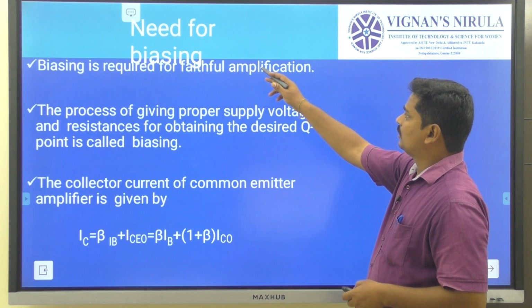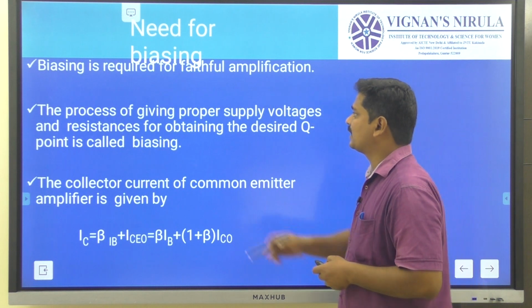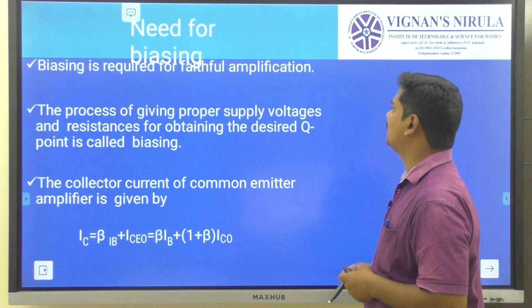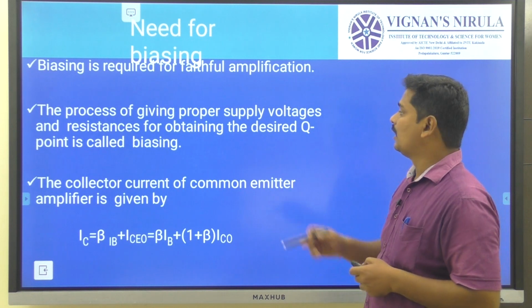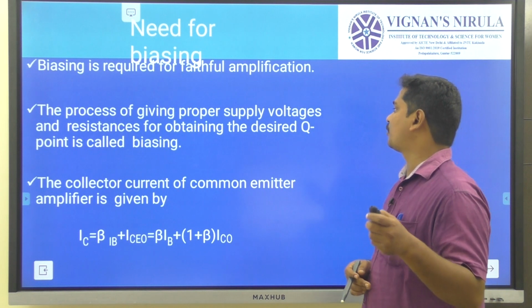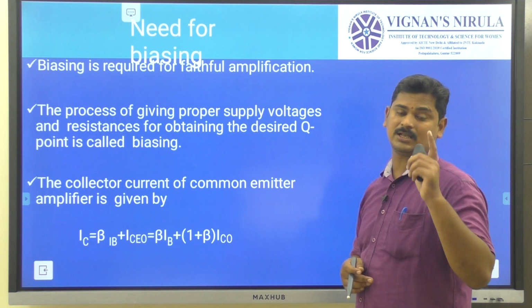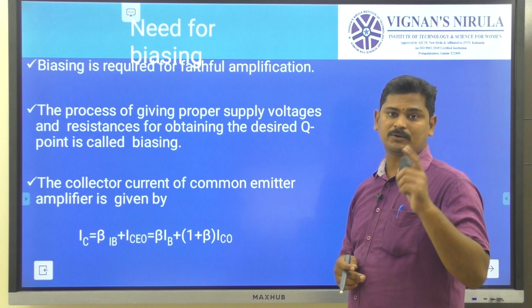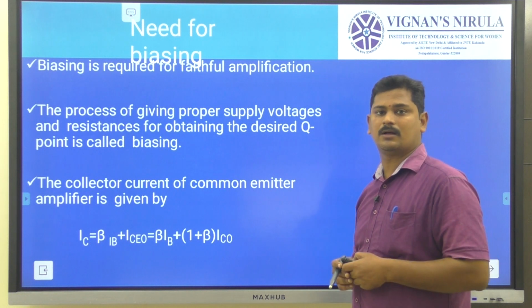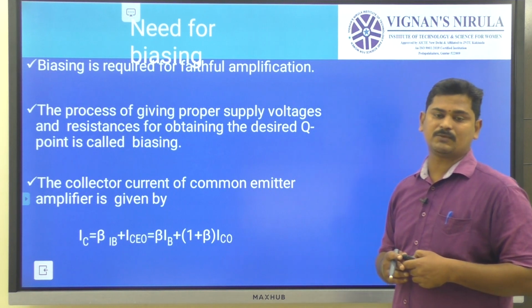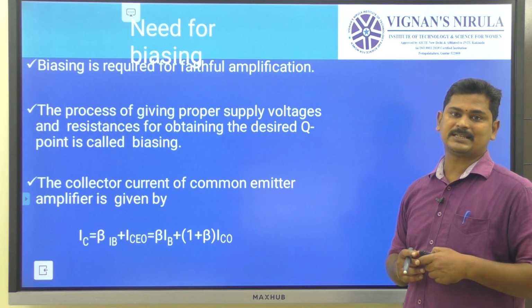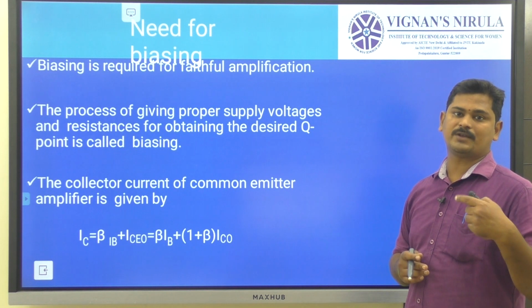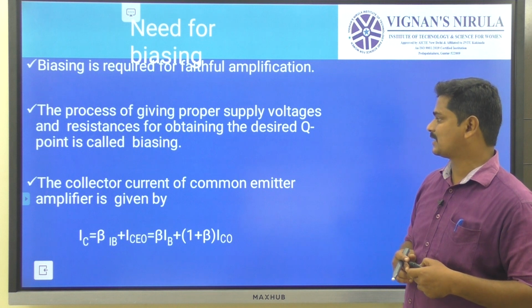Coming to the need for biasing: biasing is required for faithful amplification, and for giving proper supply voltages, that is the input DC voltage and input AC voltage. Generally we represent the input DC voltage with respect to VCC, and the input AC voltage is applied at the base resistor point.